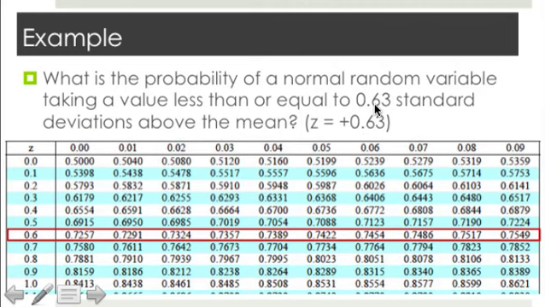The next thing we do is we move one digit over to the hundredths, and we look at the column that corresponds to that value. And the intersection of that row and that column, this value, is the probability that a value of that random variable will be less than or equal to z equals 0.63.